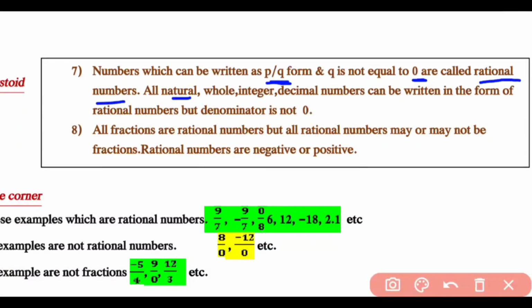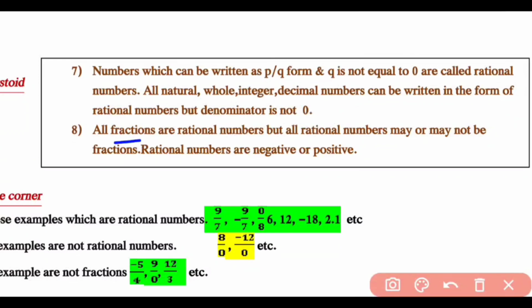Then all natural numbers, whole numbers, integers and decimal numbers can be written in the form of rational numbers. But what we have to remember is that the denominator should not be 0. Now let us see the 8th point, a very important point.